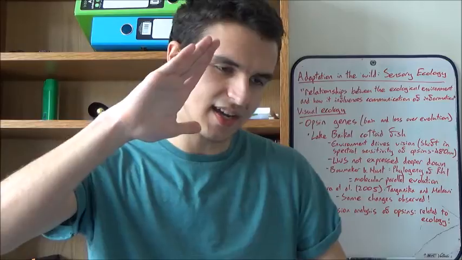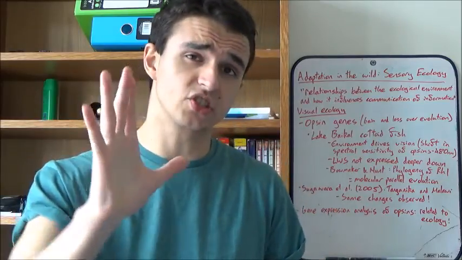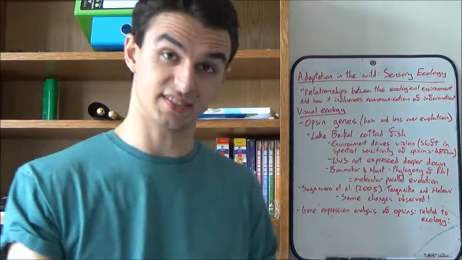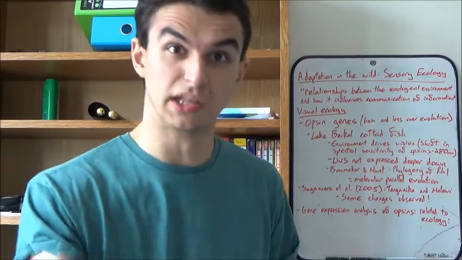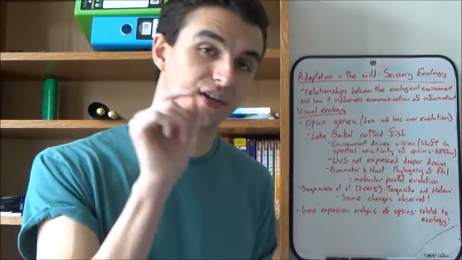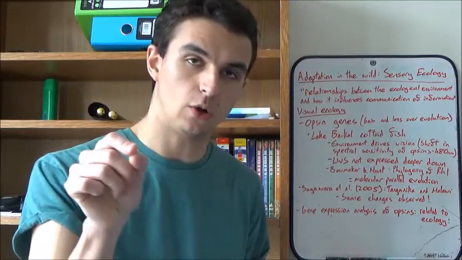The spectral sensitivity tends to shift towards a wavelength of around 480 nanometers, which is pretty blue. And this is due to shifts in the amino acids that code for those particular opsins.